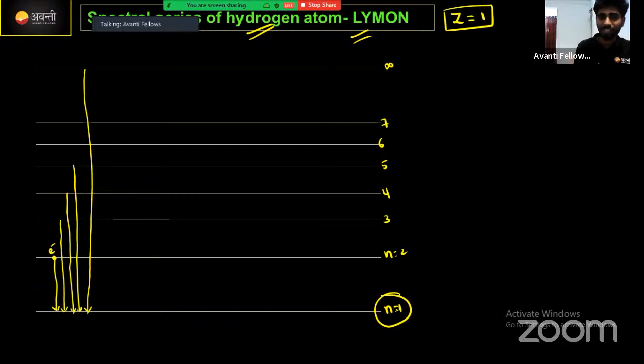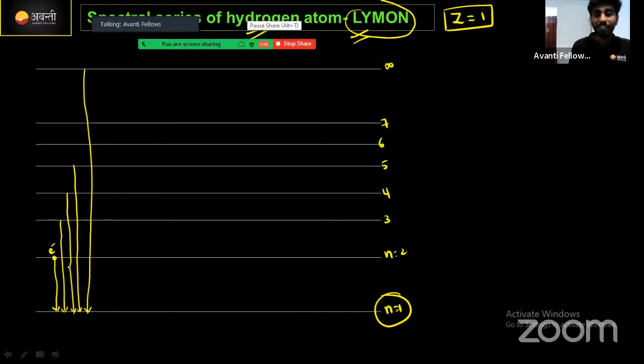I hope you guys understood. For the spectral series of the hydrogen atom, especially for the Lyman series, the electron will jump from a higher energy state to the ground state, that is equal to 1. First scenario is that the electron jumps from the second state to the first state.